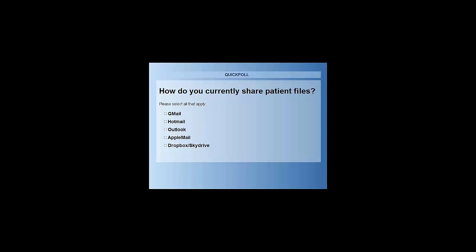Sure. I think one thing I wanted to bring up, Rohit, is that one of the things that the omnibus rule did, and I think this dovetails into what you'll be talking about, is that it really strengthened the regulations and fines that affect business associates. And many of you have very critical data on your systems that you allow other people access to.